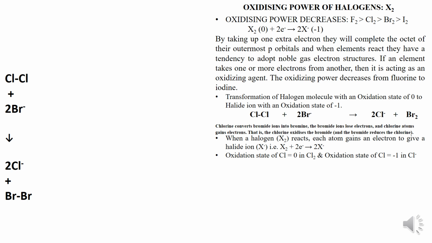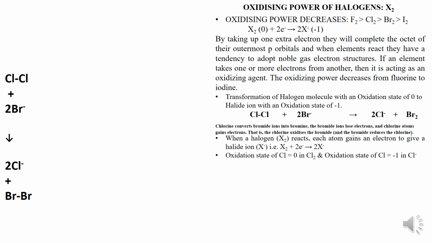That is, the chlorine oxidizes the bromide ion and the bromide ion reduces the chlorine. So when a halogen reacts, each atom gains an electron to give a halide ion. The oxidation state of the chlorine atom is 0 in molecular chlorine, while it is -1 in the chloride ion.